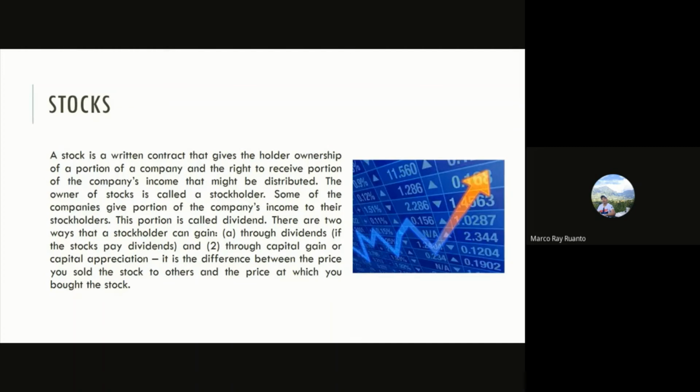So what do you mean by a shareholder or a stockholder? So that means you are now partly the owner of the company. So naa kay percentage of ownership sa company, no? Kung magpalit ka og shares, kay part of ownership sa company.